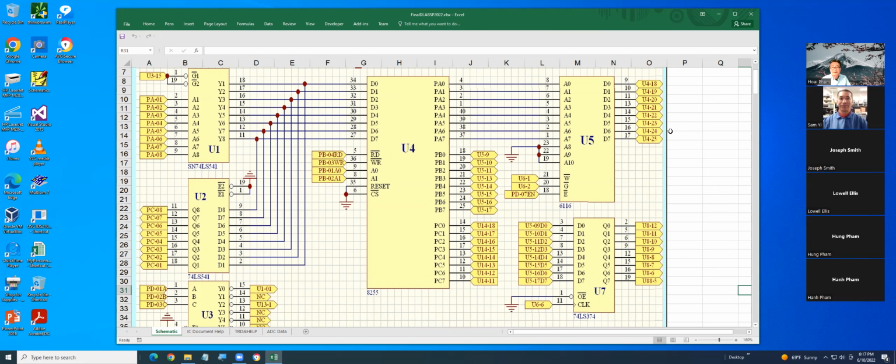You understand that in the computer the data will be 8-bit. However, when they want to use the computer to test a circuit board, they need more than 8-bit.